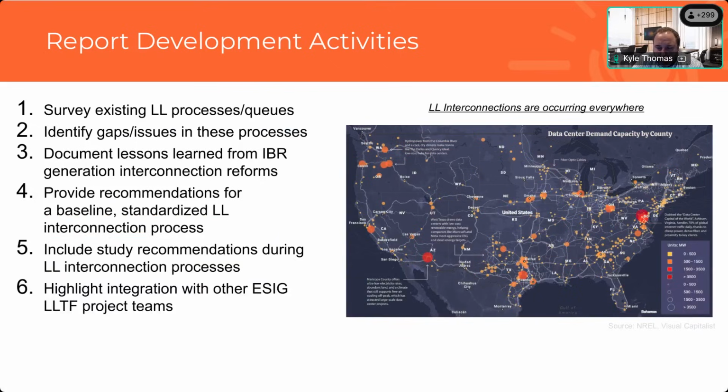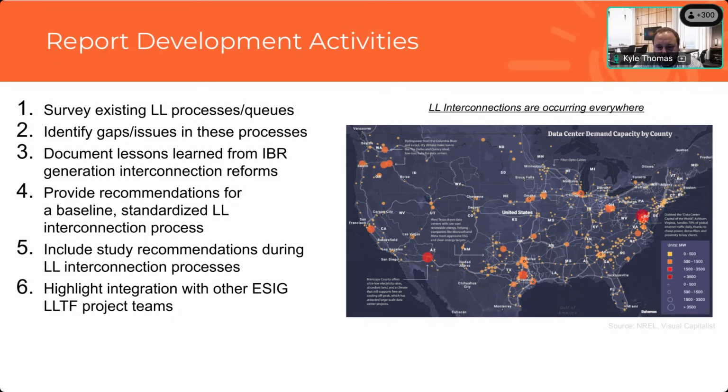Importantly, that part is not getting into Parag's and his team's work on the modeling, but rather assuming and recommending that those models be included and required for every large load interconnection process. What studies should then be done every time or screened for under each of these different types of large load processes. And then highlight the integration with the other ESIG large load task force projects.